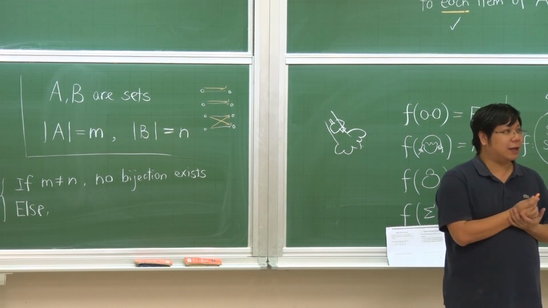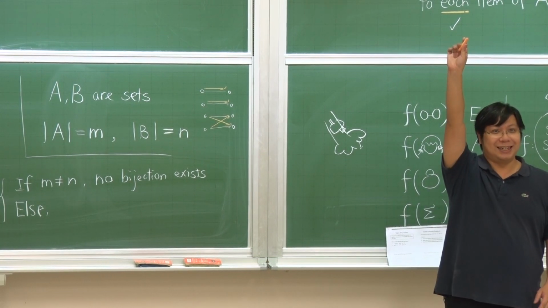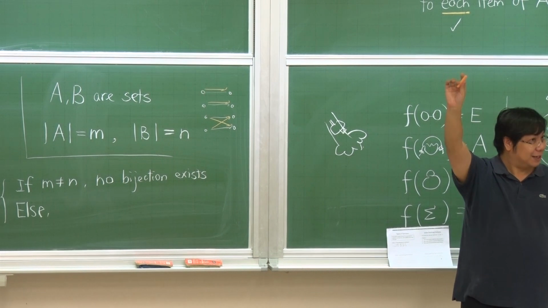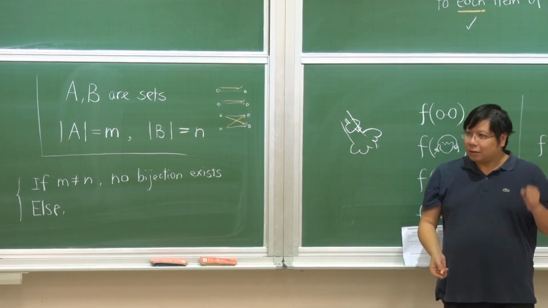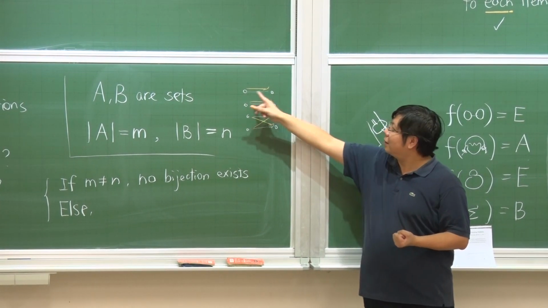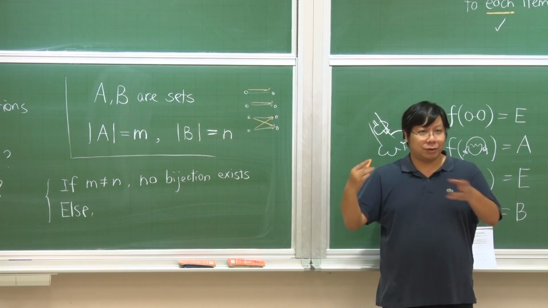So bijection, you can think of, okay, let me ask. If you know the answer, could you please raise your hand? Don't be shy. Good. Okay, how to think. So bijection is like, you need to find something on the right-hand side to associate to this. It may be the first item, it may be the second item, or the third item.